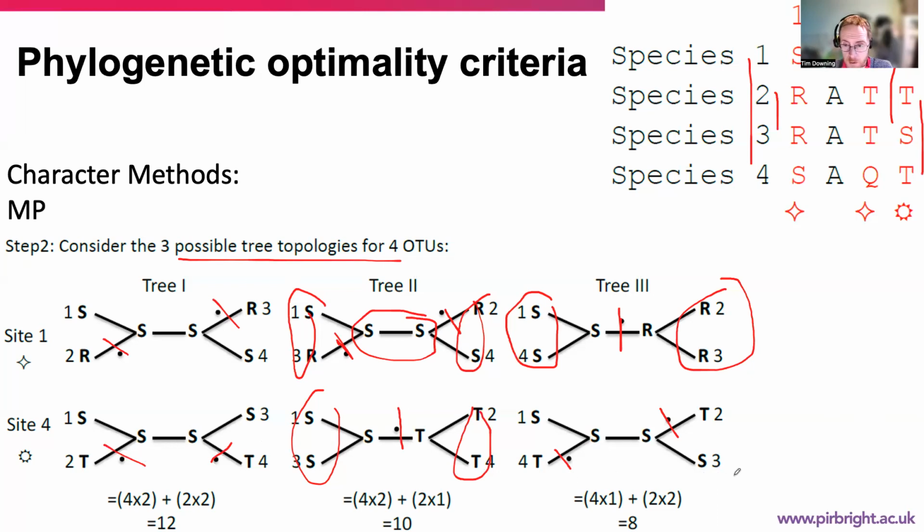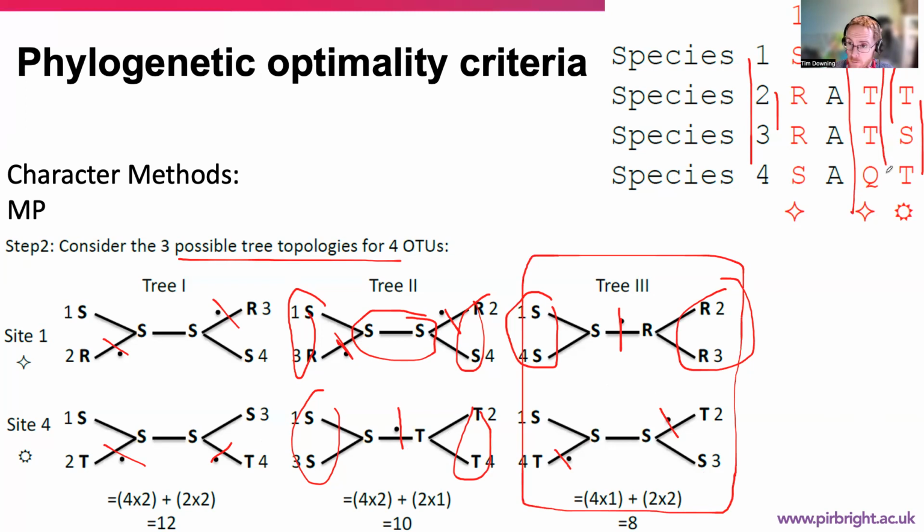So therefore, the most optimal tree here is going to be this one here, based on the number of mutations that occur across these different lineages. And that's because we've got an invariant site here, and at this site 3, 1 and 4 are more similar, 2 and 3 are more similar. So that's why you have 2 by 2 for that score and 2 by 1 for this score here. So we score the trees and determine that this is the most optimal tree.